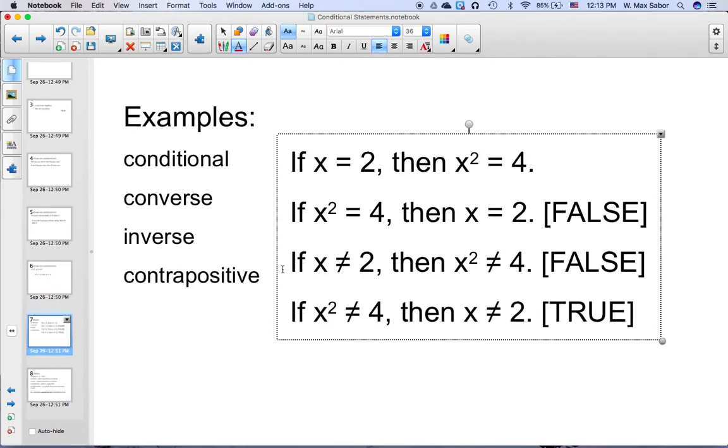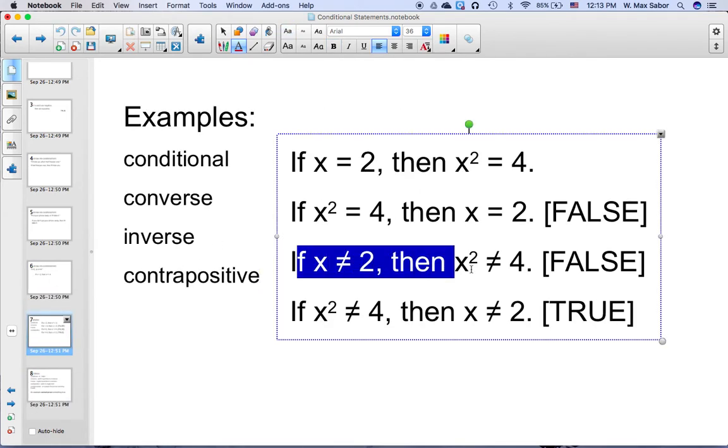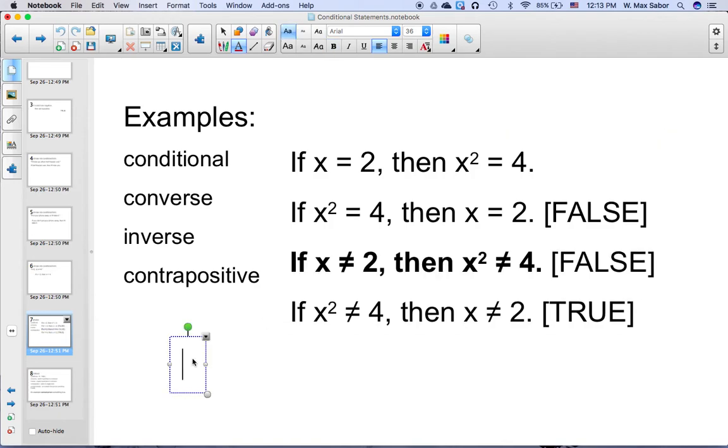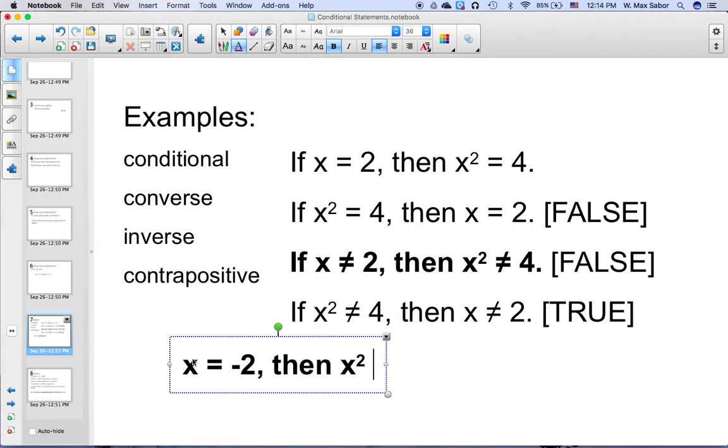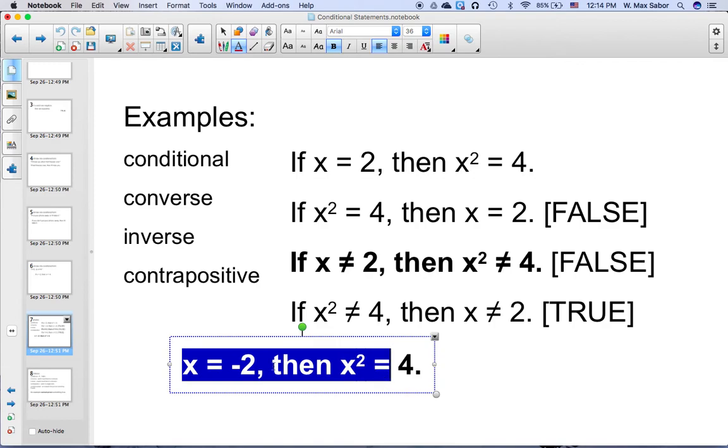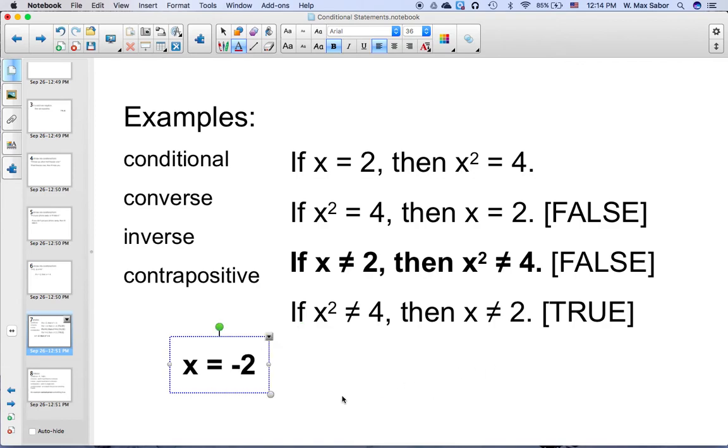So here I said that this was a false statement. And the counterexample to that bolded statement is x equals -2. Then x squared equals 4. So this is a counterexample. You could just say x equals -2 is a counterexample to that inverse statement.